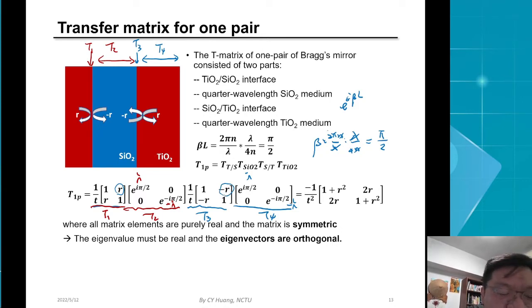So the direct multiplication is simply done here.